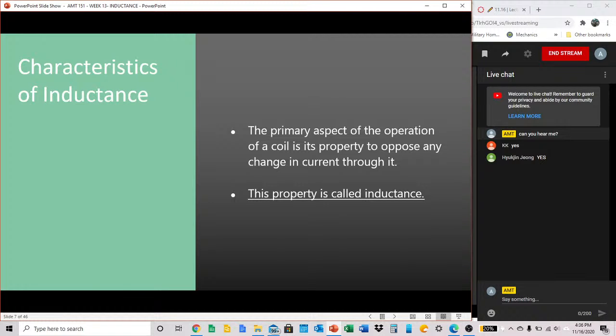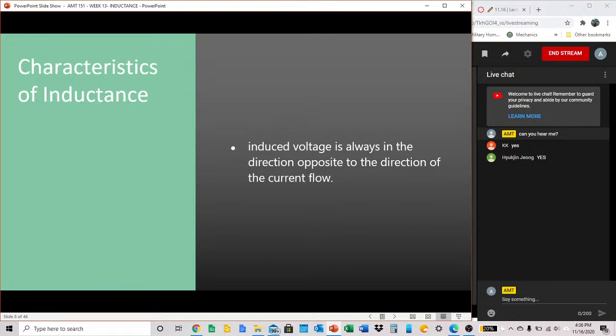The primary aspect of the operation of a coil is its property to oppose any change in current through it. This property is called inductance. Induced voltage is always in the direction opposite to the direction of the current flow.